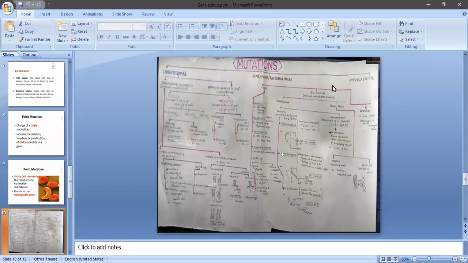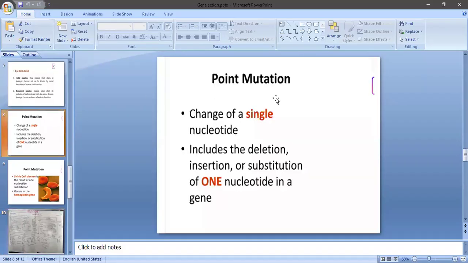I think it's clear. Okay. So point mutation is nothing but a change of a single nucleotide. It includes deletion, insertion, or substitution of one nucleotide in a gene.